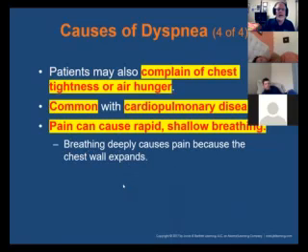The pain of the intercostal muscles contracting causes dyspnea. They don't want to breathe as deeply. That is very normal with rib fractures.